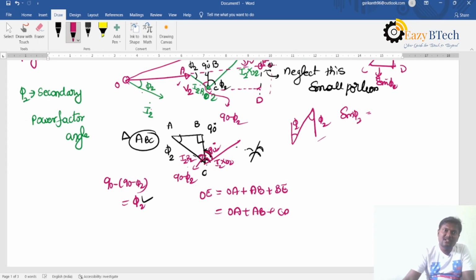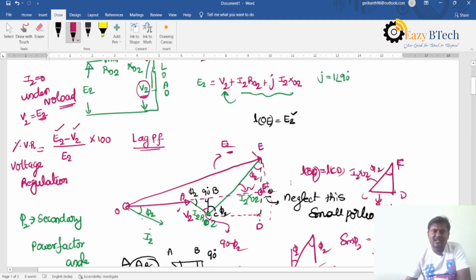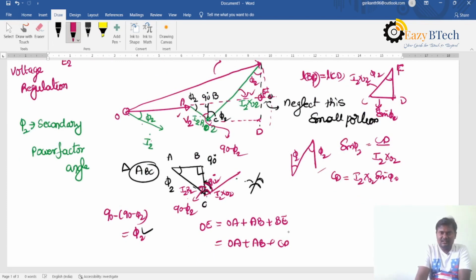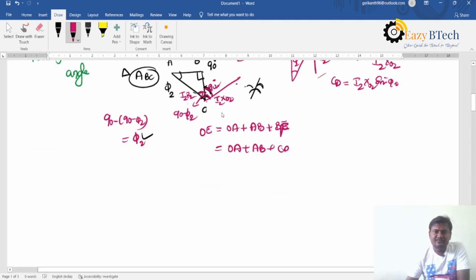Sin phi 2 is equal to CD divided by I2 X02. From this I am getting I2 X02 sin phi 2. See, already E is assigned here, that's why I am taking the F. Length of BF is equal to length of CD.